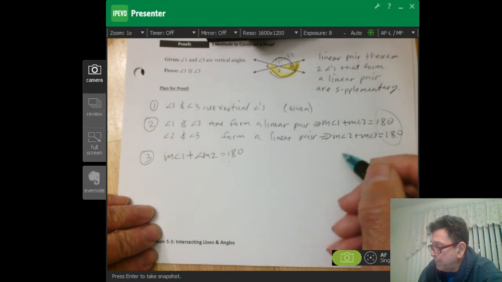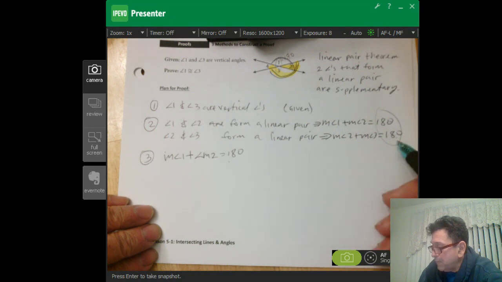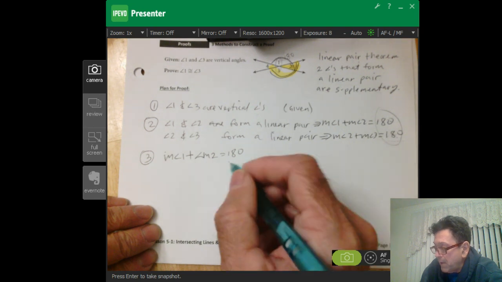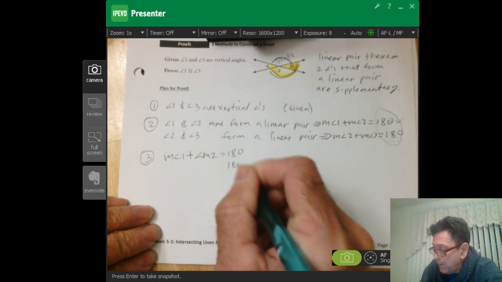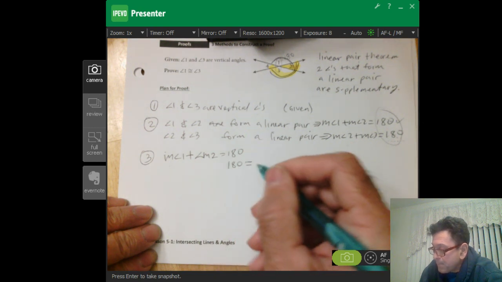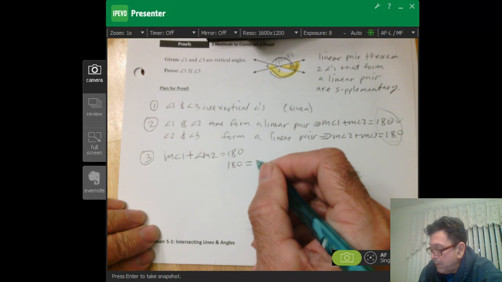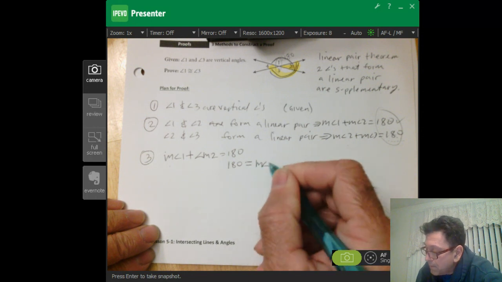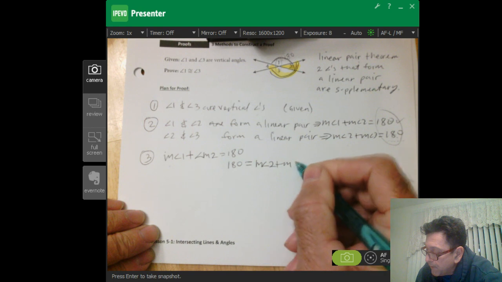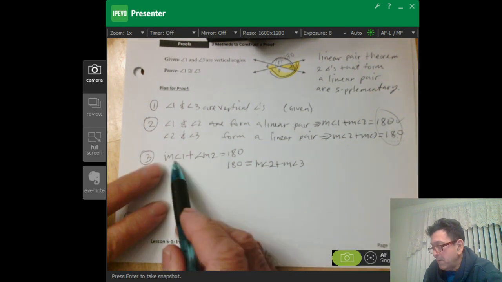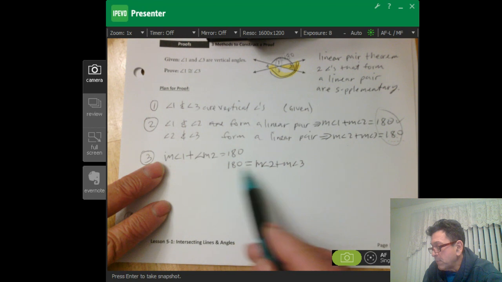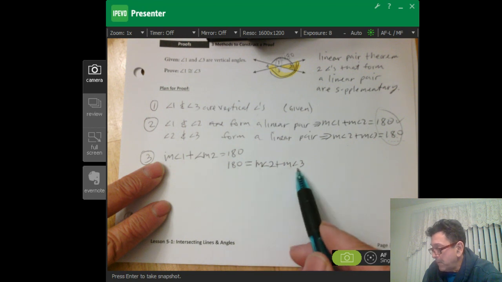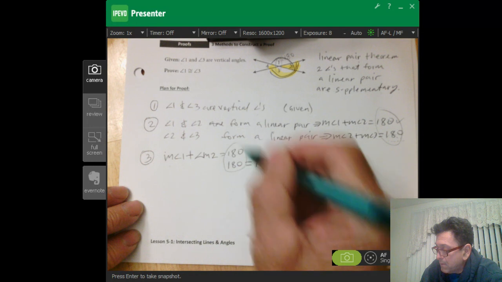I'm just going to rewrite the same thing, but put it together and write it in a slightly different way. I'm hoping that this will make it easier to see what's happening. So when I turn this around, notice, it doesn't matter what side of the equal sign 180 is on, we can put it on either side. So on this one, I'll keep it the same way. And the other one, I'm just going to replace it. So we have measure angle 1 plus measure angle 2 equals 180. 180 equals measure angle 2 plus measure angle 3.